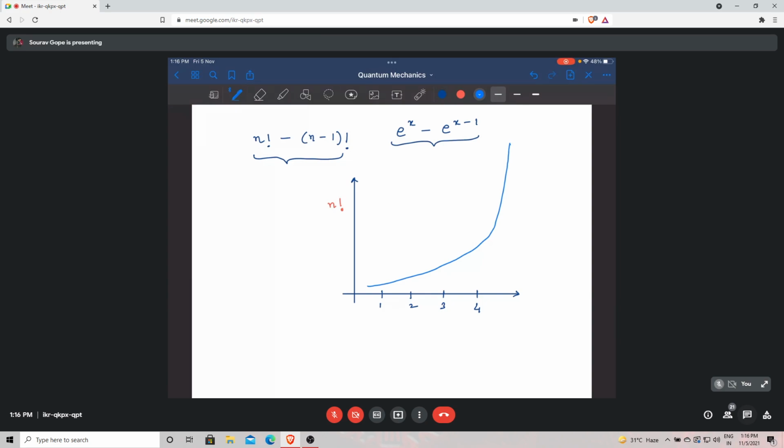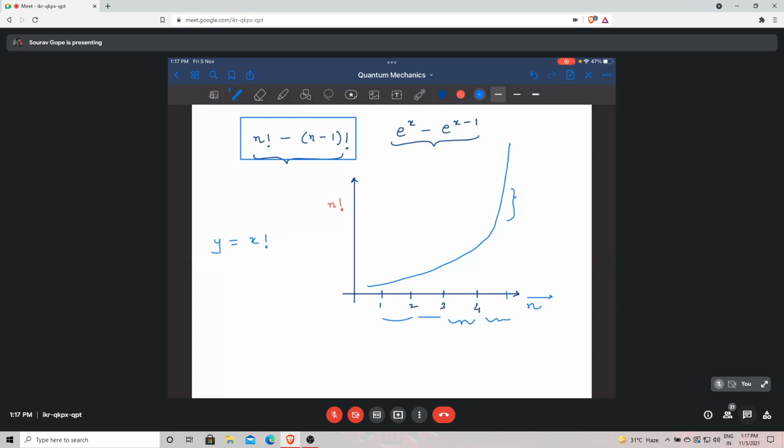Now the interval in the x-axis is fixed, delta n is equal to 1, the difference is 1. But in the y-axis, the difference increases a lot, because this should be the interval between two consecutive points, because we are plotting a curve. This tells us y is equal to x factorial.